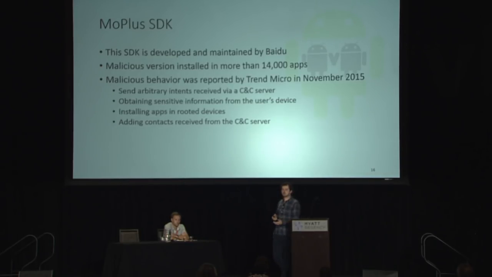The behavior of the malicious version was really interesting because, among many other things, it was able to create a bot inside the app, instantiating in a service an HTTP server that would be able to receive commands from a command and control server.